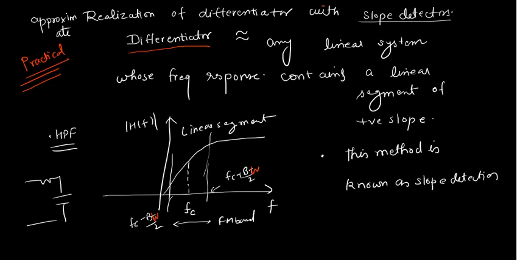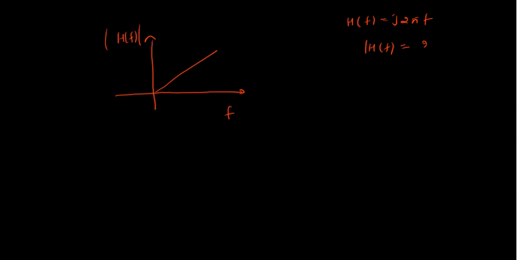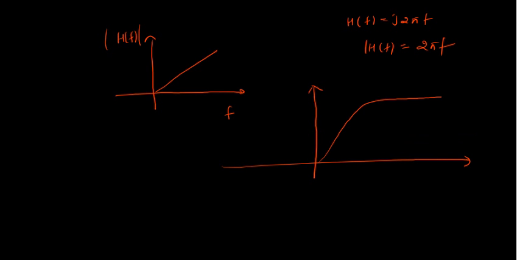What I am trying to say is that a differentiator has such a characteristic: since H(f) is j2 pi f, the magnitude of H(f) is 2 pi f. A device may not be linear for the whole range of frequency, but may have a linear segment.